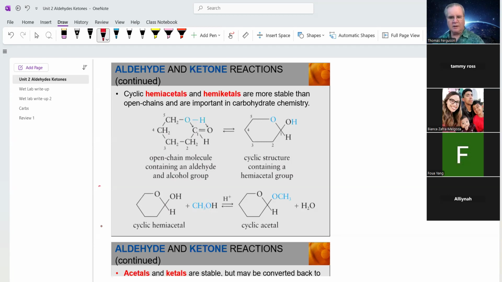If the scorpion's tail is long enough, it could bite itself. Same kind of deal with this. So here we have the alcohol part. This is the aldehyde part. And over here is the OCO, anomeric carbon. We have H present. That means it's an acetal or a hemiacetal. OH present, that means it's a hemi. So this forms a hemiacetal.